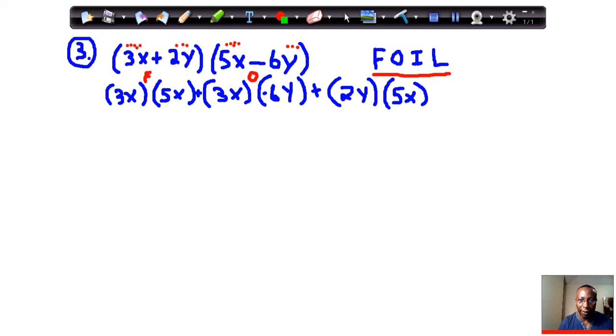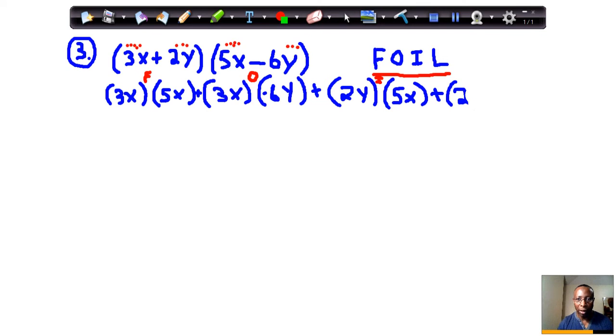I'm just putting a little I there, and you'll know these two are inner. Alright, and then let's put a little plus sign here for the last. Okay? 2y, so you don't think that's an x, okay?